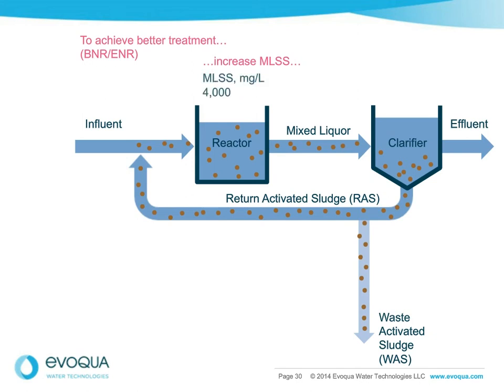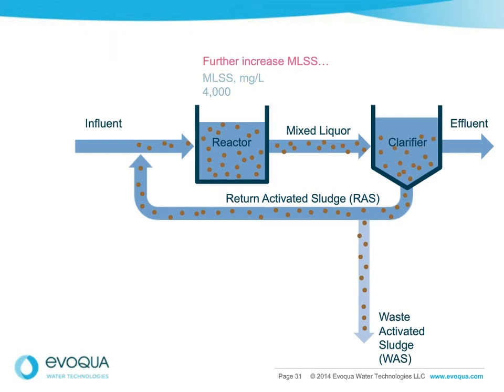For example, if I had to increase the mixed liquor to 4,000 milligrams per liter from 3,000, I'm going to start seeing some solids start floating up in that clarifier. Now, when that happens, if I had to go even further, and let's say I needed to run at a higher mixed liquor and sludge age because I wanted to nitrify and denitrify, I'm going to overload my clarifier, and ultimately I'm going to see solids leaving my clarifier.